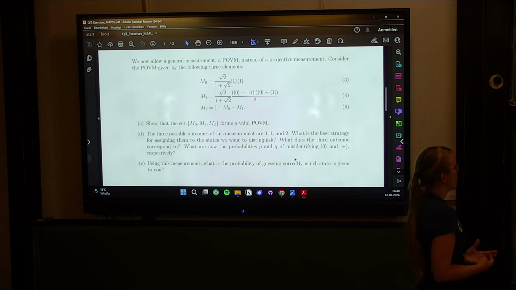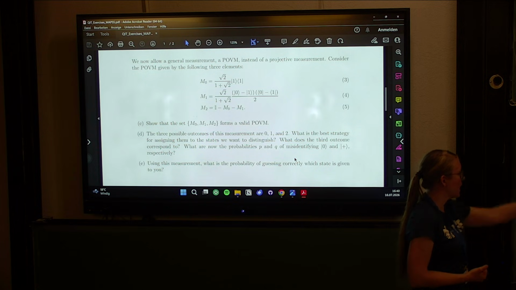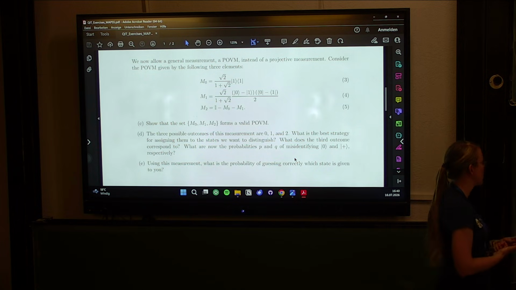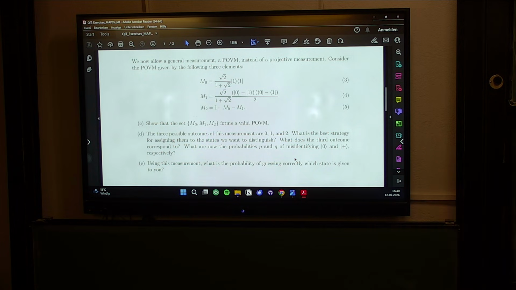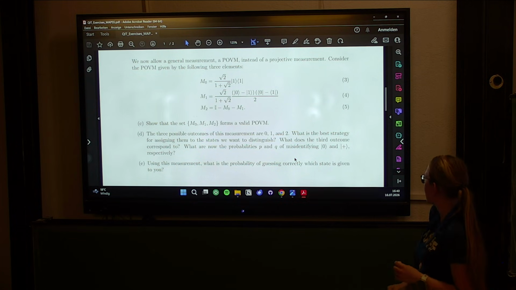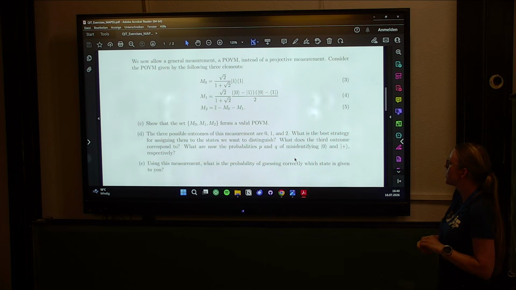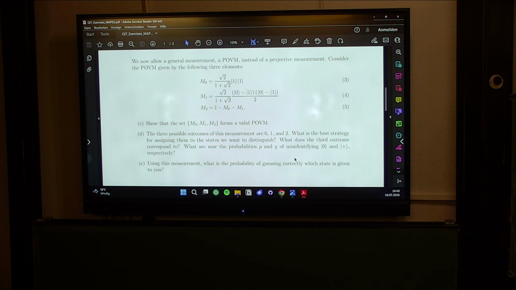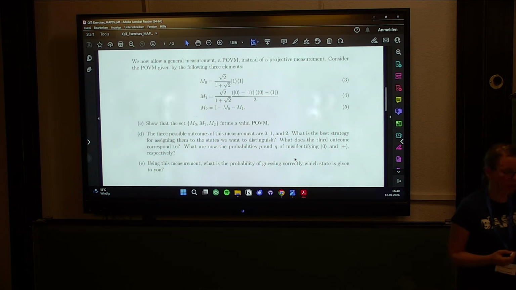So we also need to calculate the probability that we get a conclusive outcome, so that the outcome is 0 or 1. So that's the last part. What's the probability of correctly guessing which state is given? So what's the probability of getting a conclusive outcome?